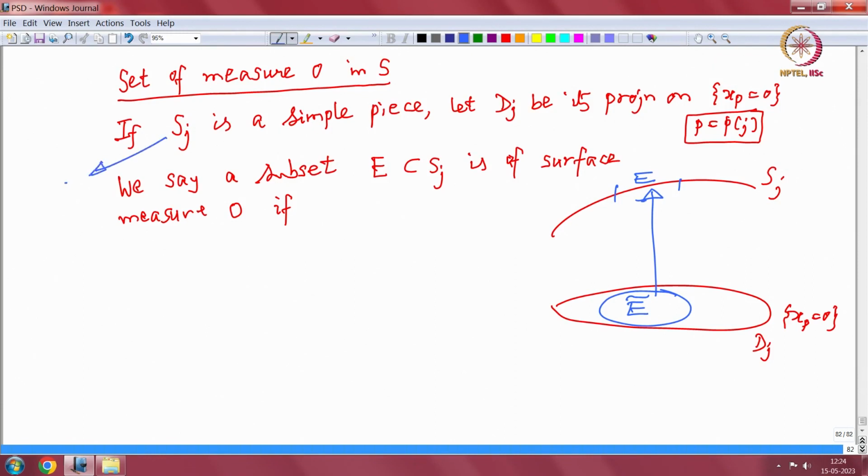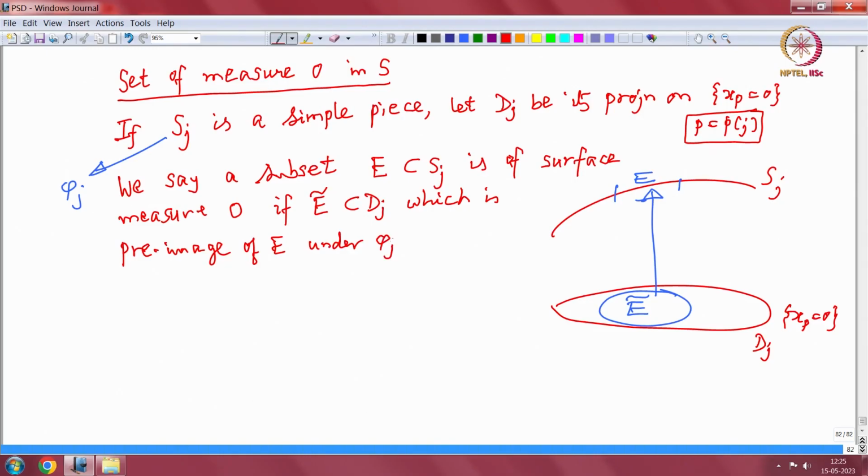So via phi j you get that E tilde, if E tilde contained in Dj, which is the pre-image of E under phi j. So just remember that.